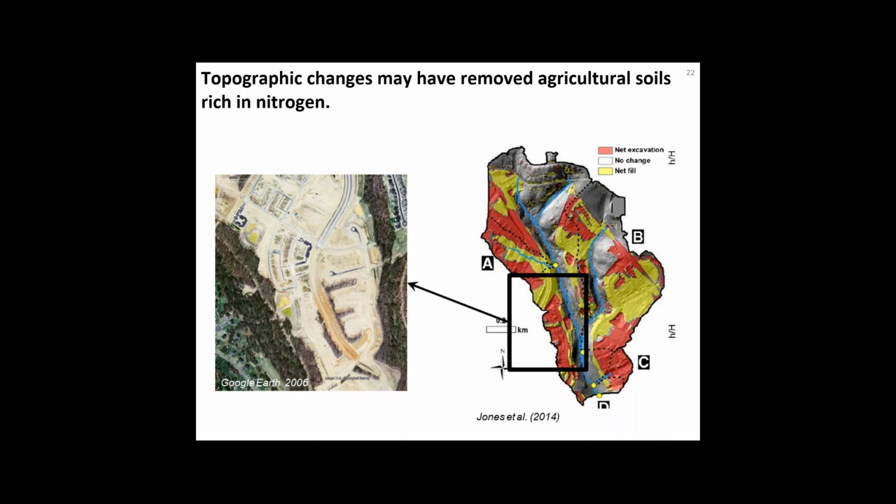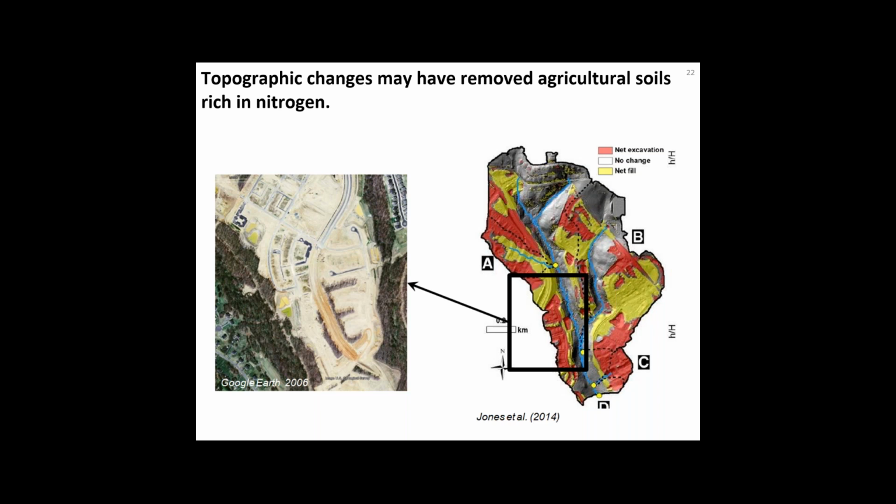He used LiDAR data to compare a digital elevation model before development and after development to identify areas that were filled in, shown on this map as yellow, or excavated, shown as red. So you can see areas that were drastically changed in terms of the topography.